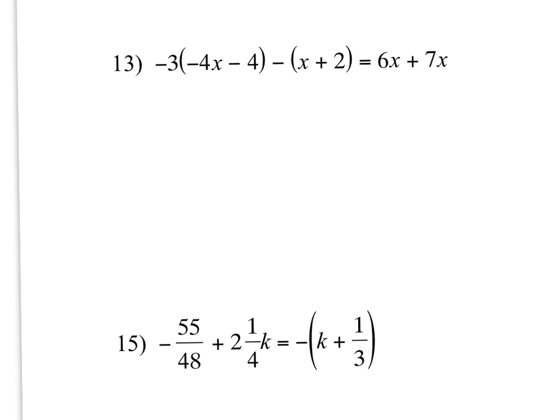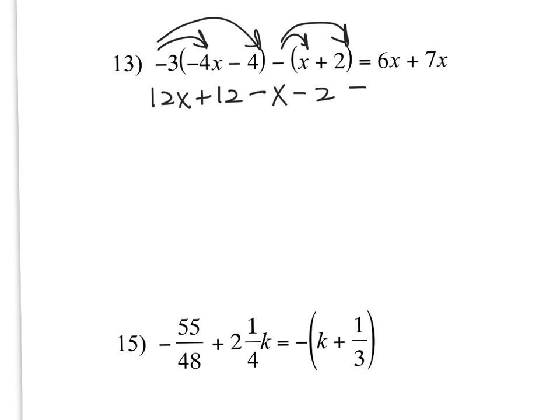In this problem, we have x on both sides, so distributing, we'll have negative times negative 12x plus 12, negative times negative x minus 2, that's distributing the negative, is equal to 6x plus 7x, which is 13x.